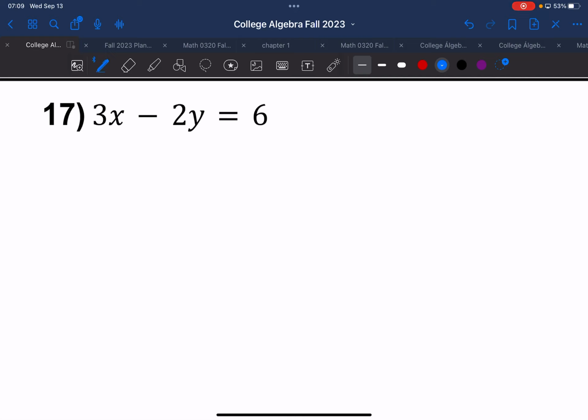So let's say we want to find the x-intercept. We know that the y's are going to go away. So I could just cross this part out and look at the problem like this. 3x equals 6.